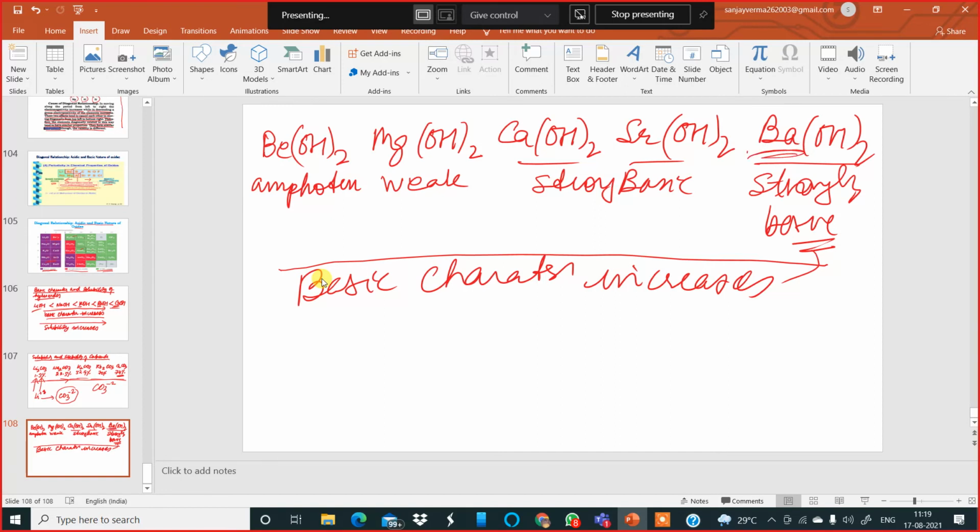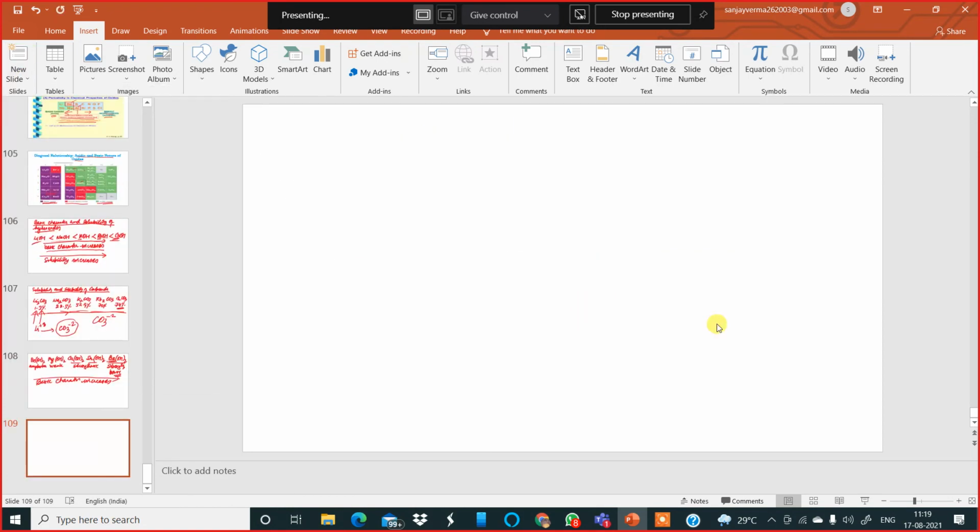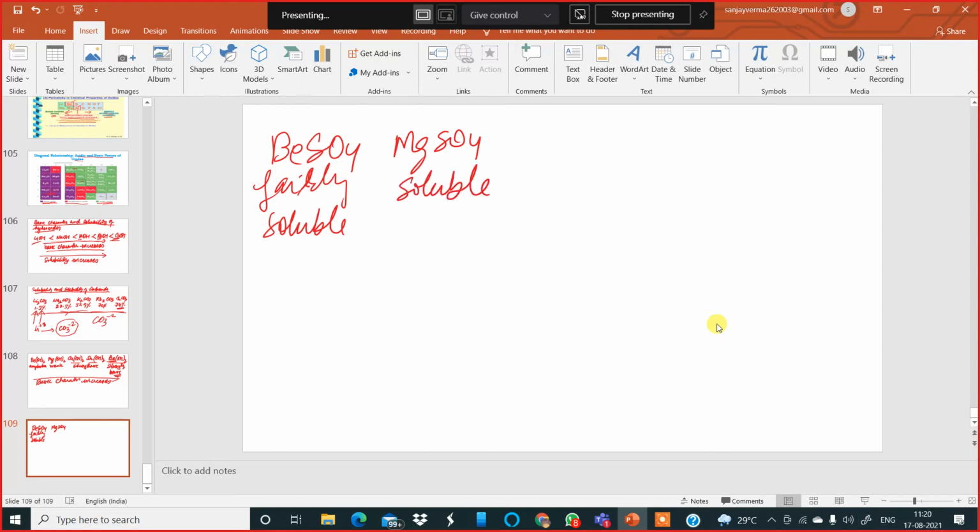Now, talking about the solubility of the sulfates of these group 2 elements. We have beryllium sulfate, which is fairly soluble. Then magnesium sulfate is simply soluble.